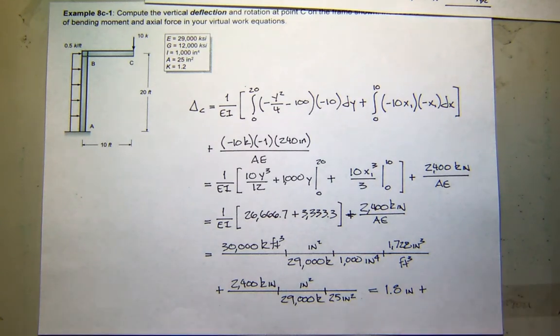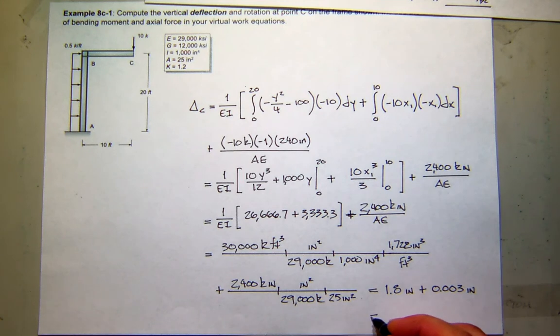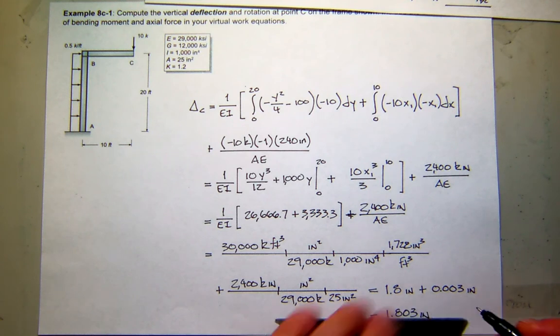I say small. It's going to say 0.025. 0.003. Very close. Which one is the dominant, I think? 1.8. Yeah, the bending is way bigger than the axial. So what's the total if you add them together? Carrying some significant figures along the way? 1.803. Well, that's easy enough. That seems reasonable.